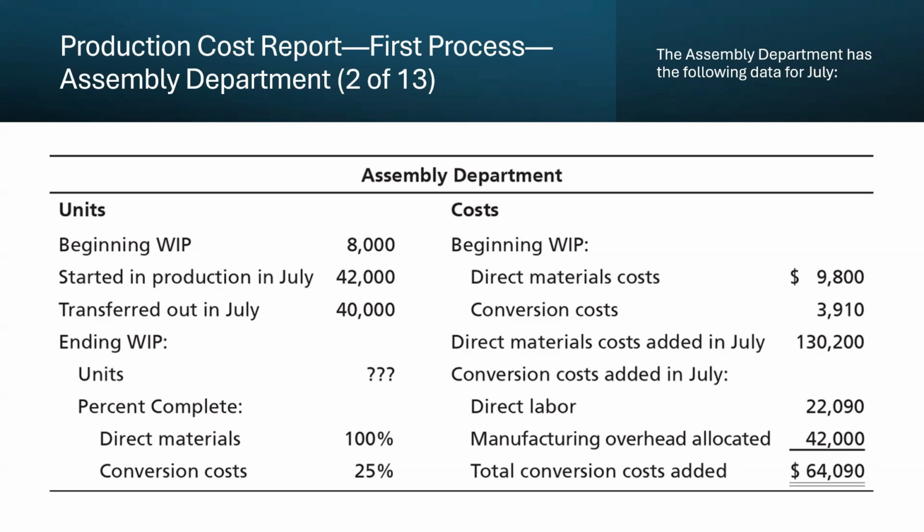Then you have the ending work in process. And to your right, you see you have costs. You have the beginning work in process, with the direct material costs and conversion costs, then direct materials costs added in July, and conversion costs added in July, which are direct labor and manufacturing overhead allocated, and then you have the total conversion costs added.